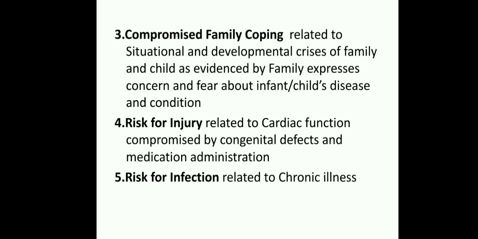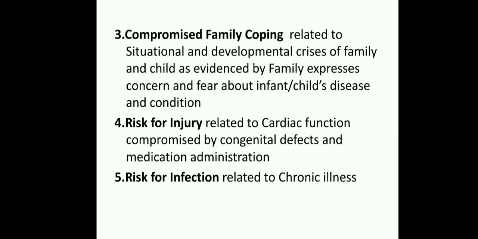And the next one is compromised family coping, related to the situational and developmental crisis of the family and child, as evidenced by the family expressing concern and fear about the infant's disease and condition. Next, the fourth one is risk for injury related to cardiac infections, compromised by the congenital defects and medication administration.